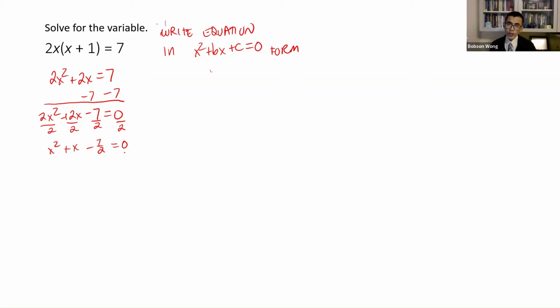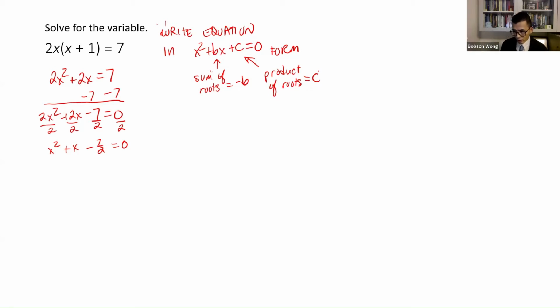Now, we use an important property of quadratic equations, namely that if we have an equation in the form x squared plus bx plus c, we know that the sum of the roots would be negative b, and the product of the roots would equal c.